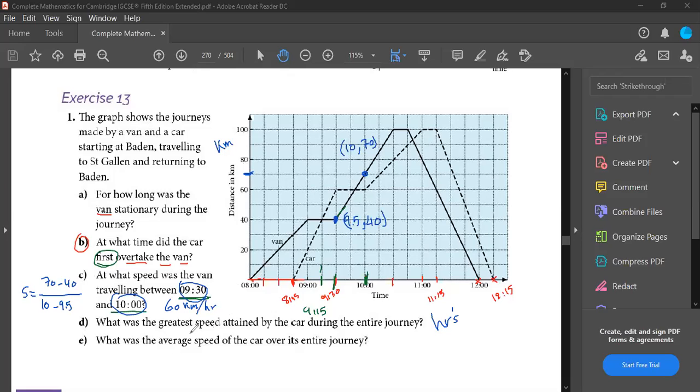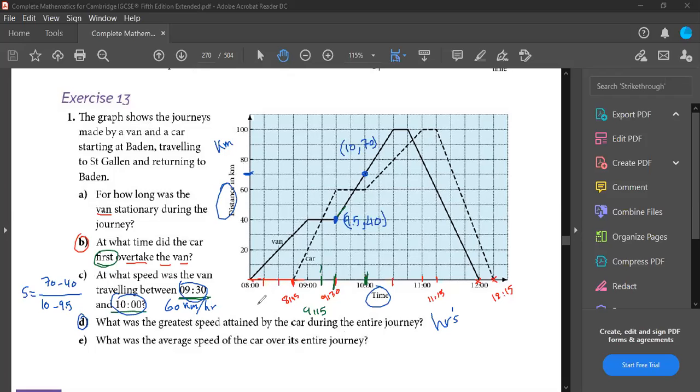What is the greatest speed attained by the car? I don't know what we used to do. Okay, fine. This lesson you took in physics, the speed-time graph and the distance-time graph. And we know that in the distance-time graph this is the time, this is the distance.